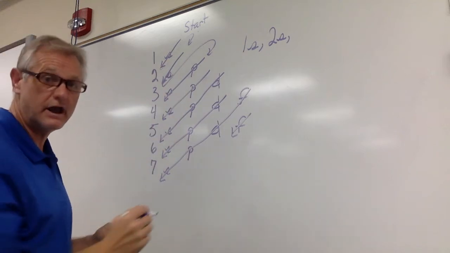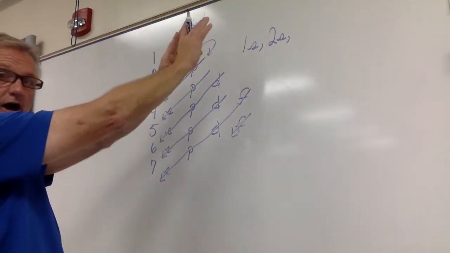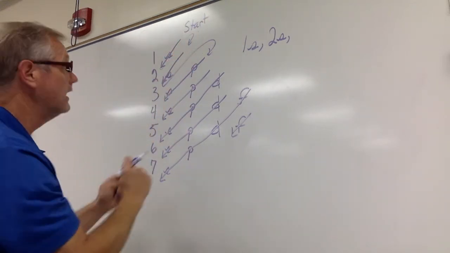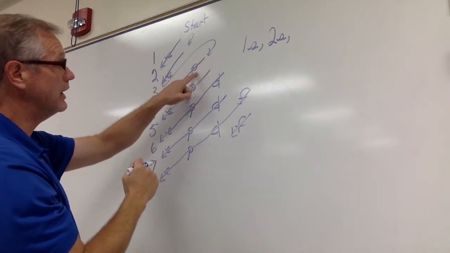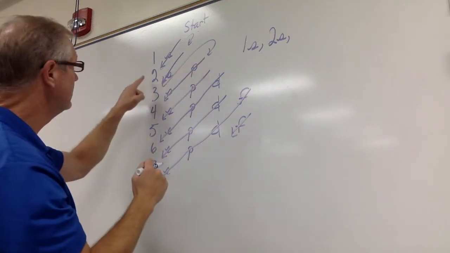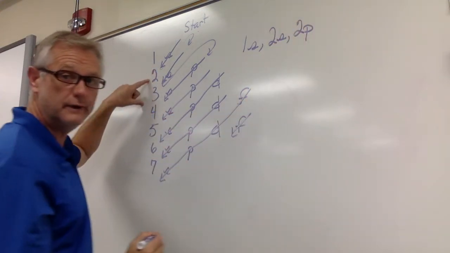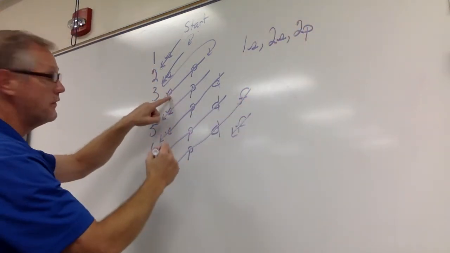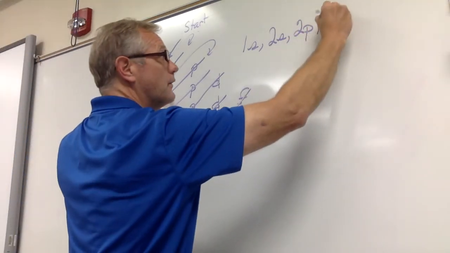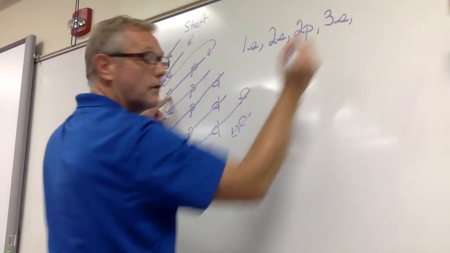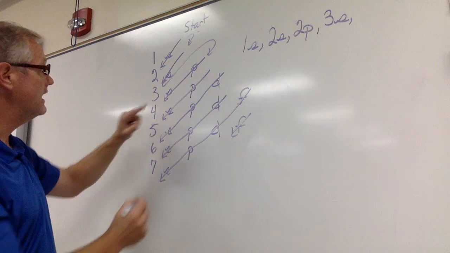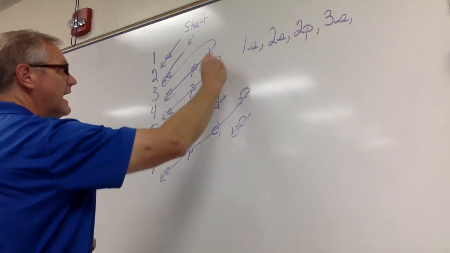I come back up to the top. Now you have to be careful and always start up at the top and work your way back to the lower left. So now we're going to go P, and it's on the 2. So I'll write down 2P. Then 3S. Then I come back around, come back up.